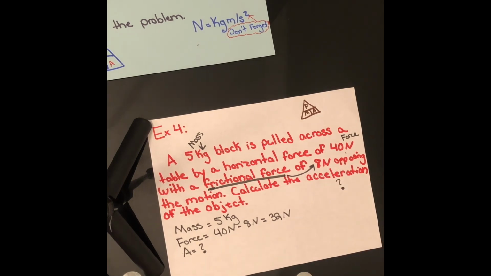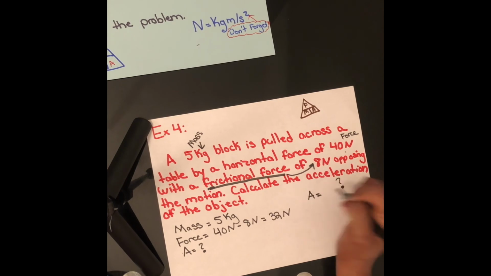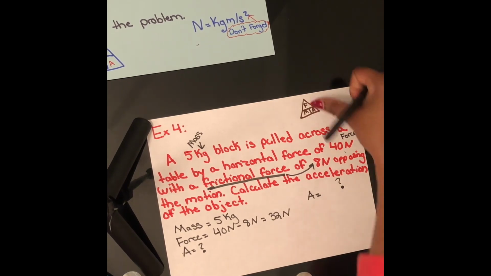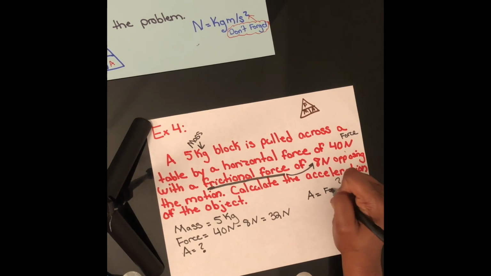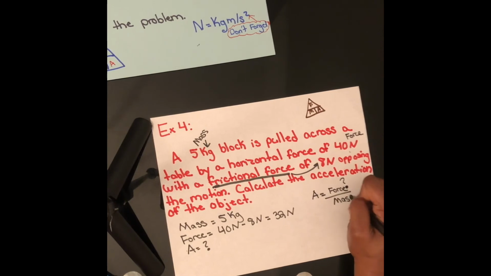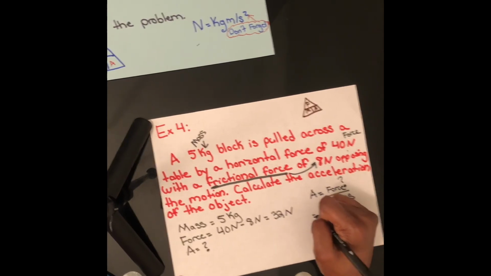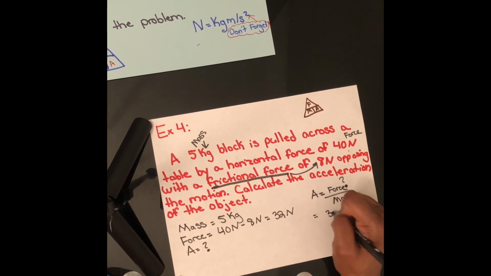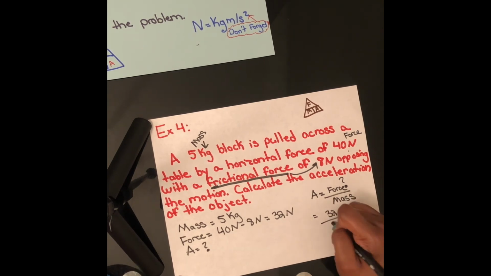Acceleration. Oops, when did I switch to brown? Acceleration is equal to, let's make sure, force divided by mass, right? So let's plug it in. Force is 32 newtons divided by our mass of 5 kilograms.